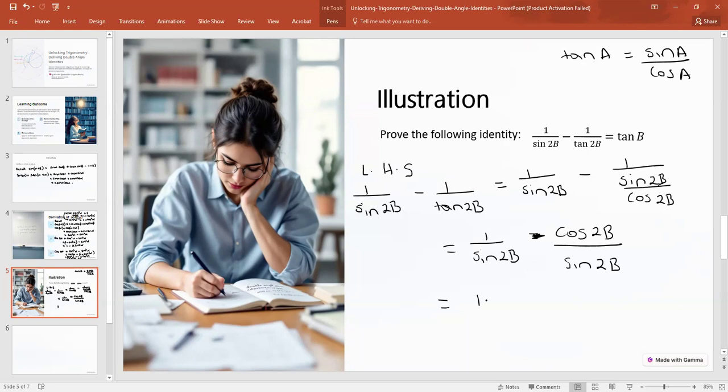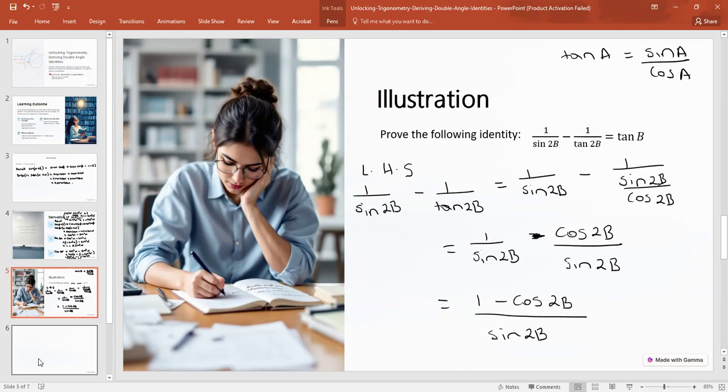We can rewrite this expression as 1 minus cosine of 2b divided by sine 2b. Okay? Our goal is to obtain tan b. Therefore, we can rewrite this expression. We can simplify this using our well-known double angle identities that we've proven in one of our previous slides.